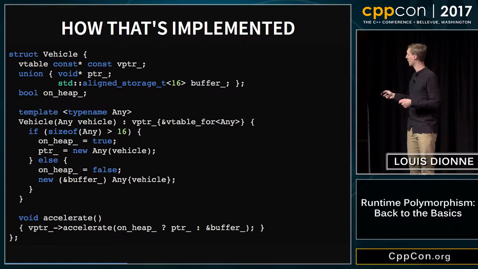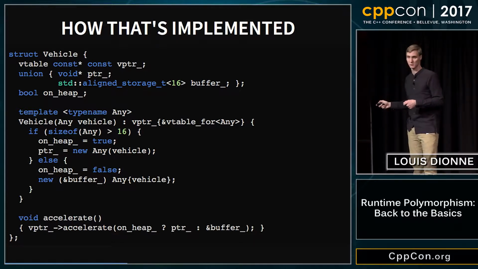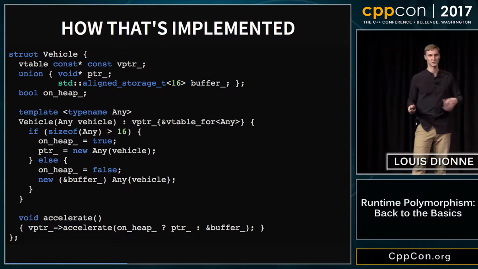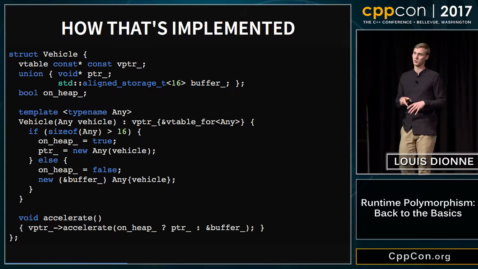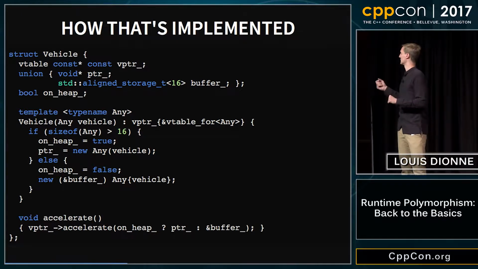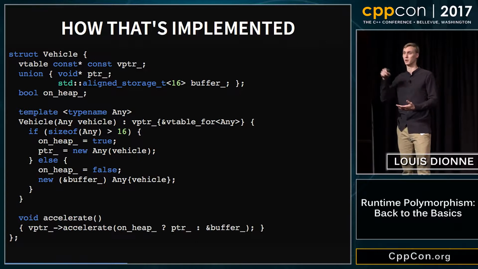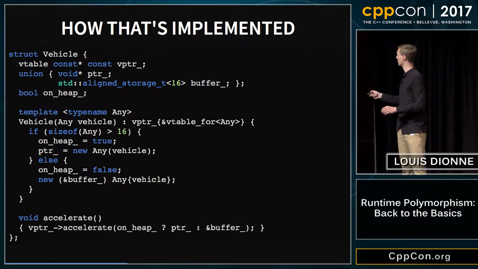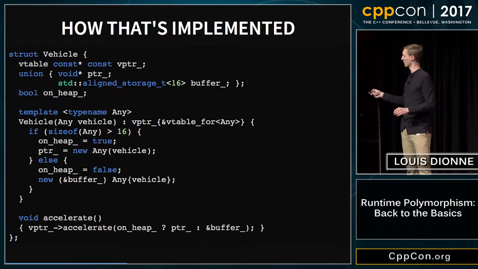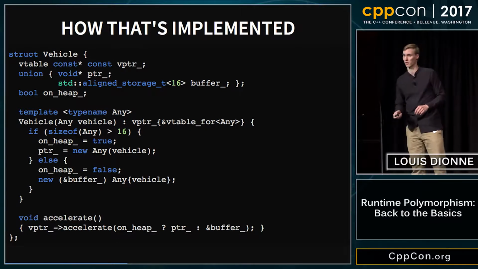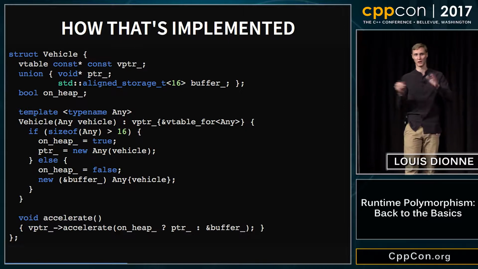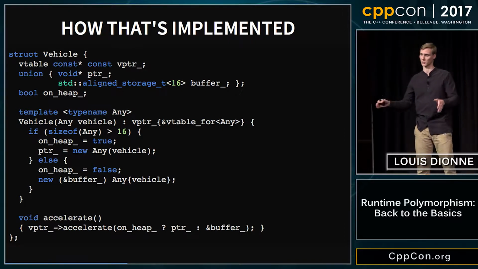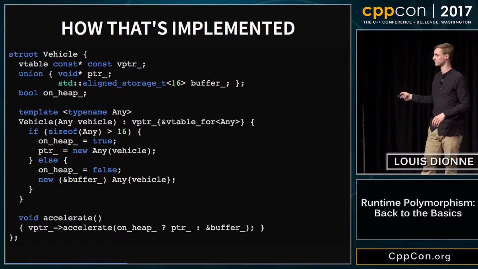Otherwise, I'm going to placement new it in my buffer. A placement new is a form of a new expression that just constructs an object of a given type. It calls a constructor on a piece of memory, and the address where I'm constructing my object is the buffer here. So I'm constructing, at the location of the buffer, an object of type any.